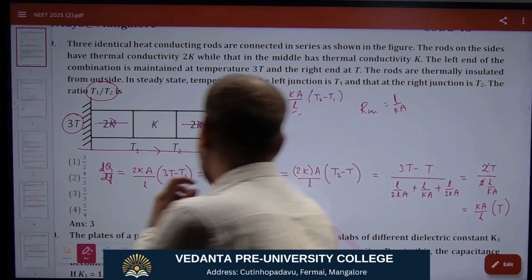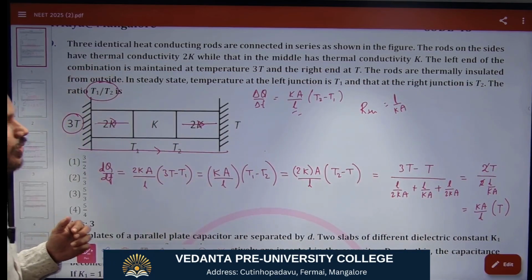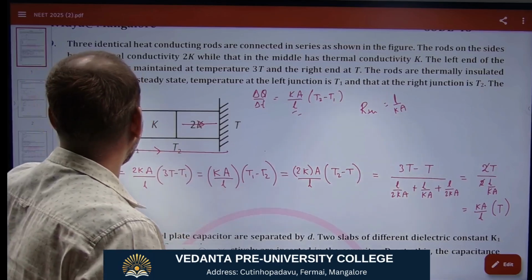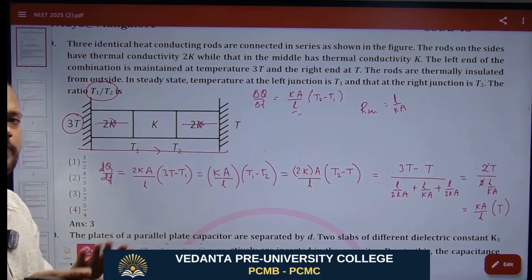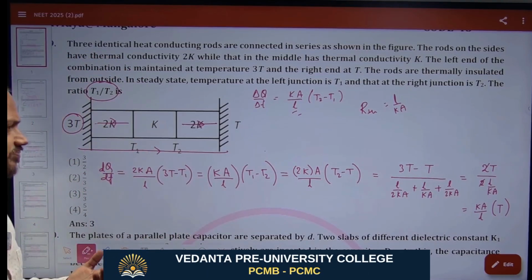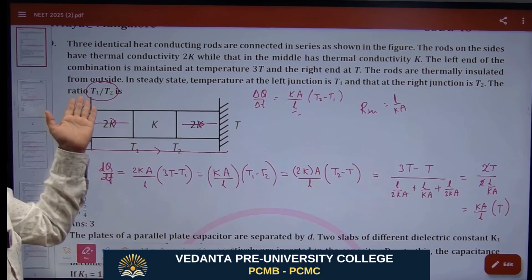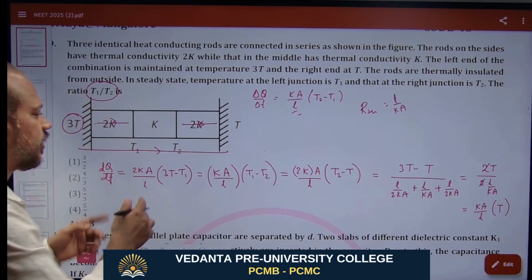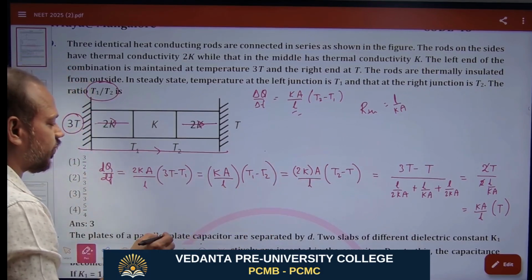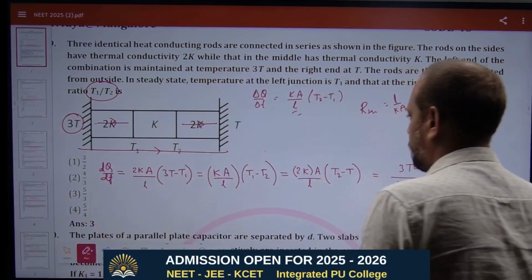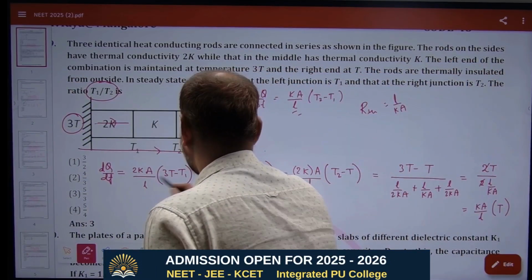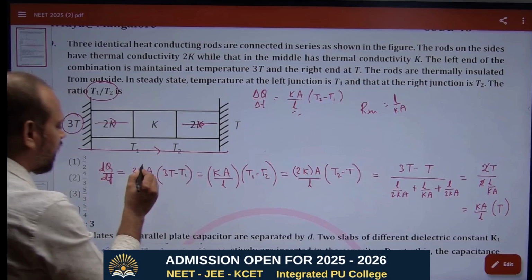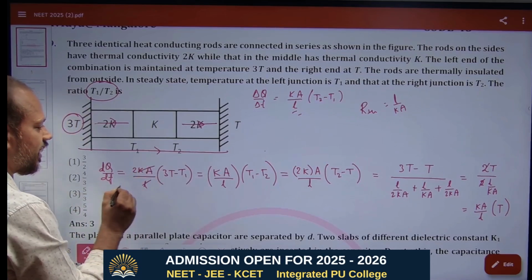Now you want the ratio of T1 by T2. So your target, one way to solve would be to find out T1 and T2 and divide. That you can also do from these equations. So let us equate. If you see all these terms, when you are equating, this KA by L you can cancel.